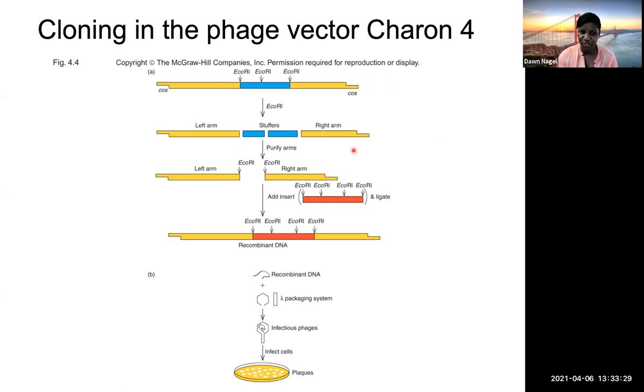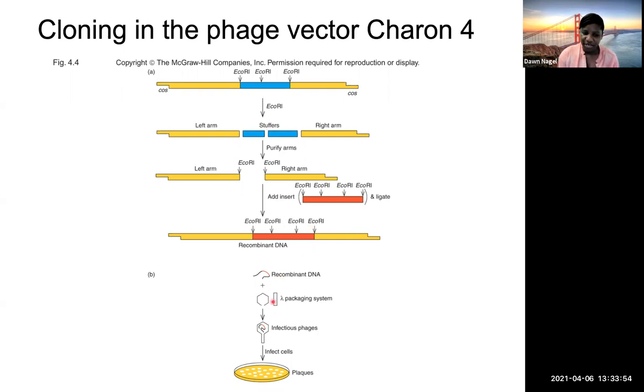To put your piece of DNA into that region, you need to remove this stuffer sequence, right? This is just there so that we know this is the region you're going to put it into. You will cleave with an enzyme. You have your insert, which you also cleave with an enzyme, and you will put it into this phage.